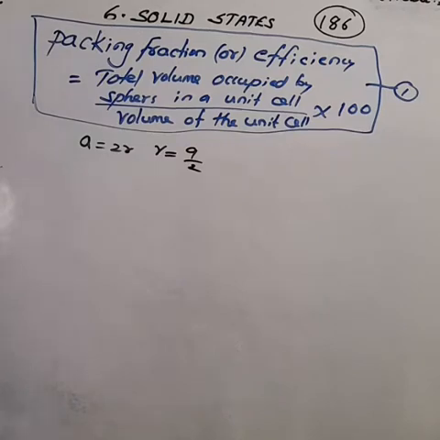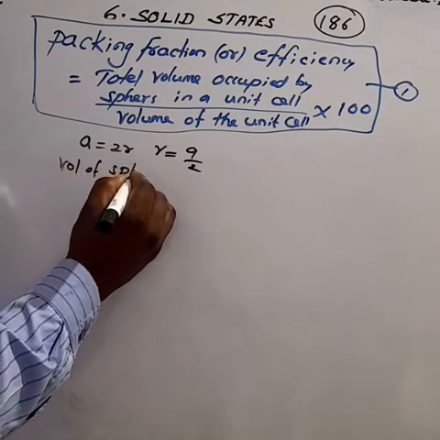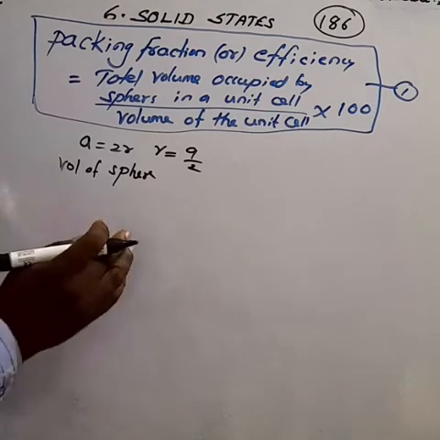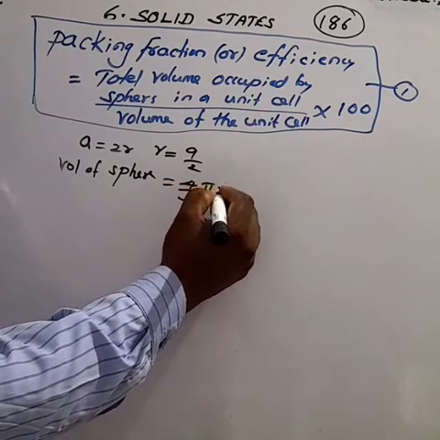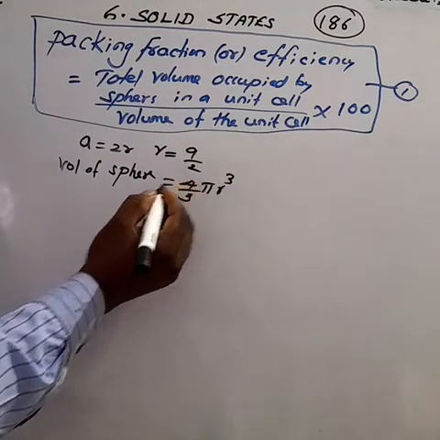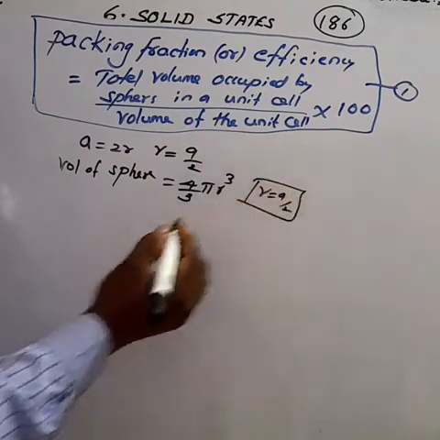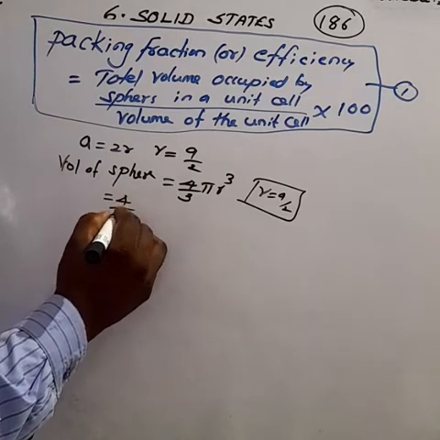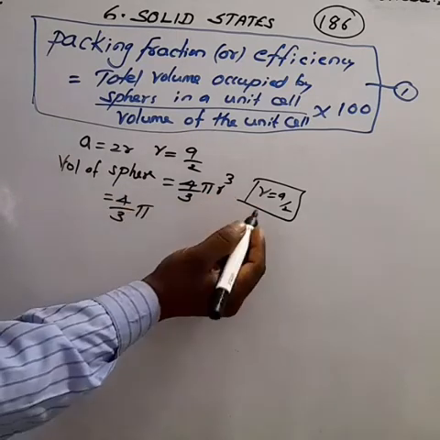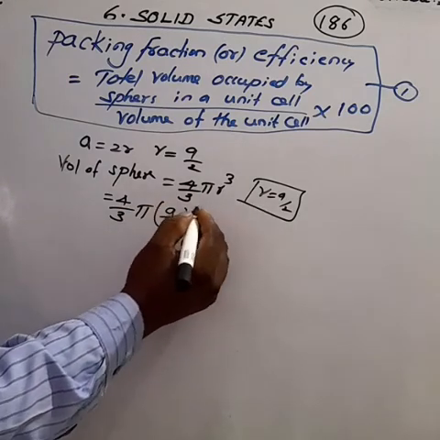Volume of the sphere is equal to 4 by 3 pi r cube. All of you know that. Since r is equal to a by 2, we can write it as 4 by 3 pi into a by 2, the whole cubed.